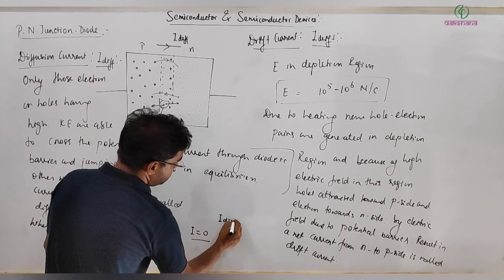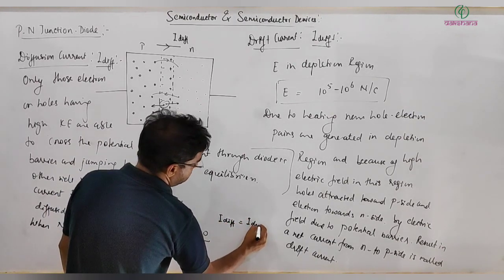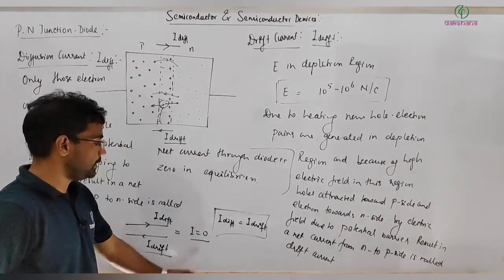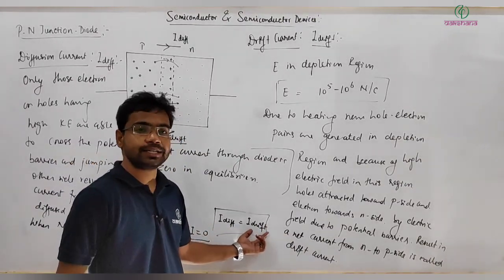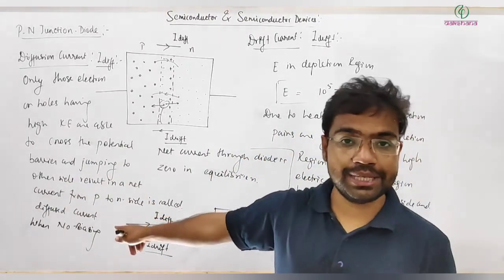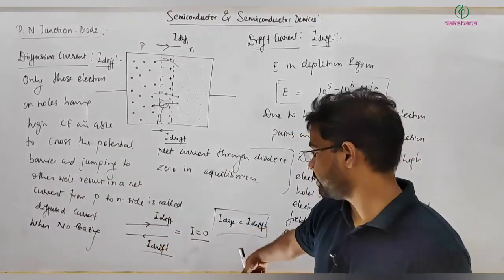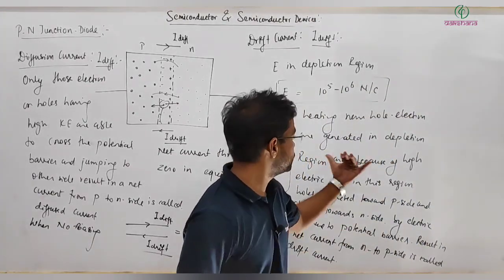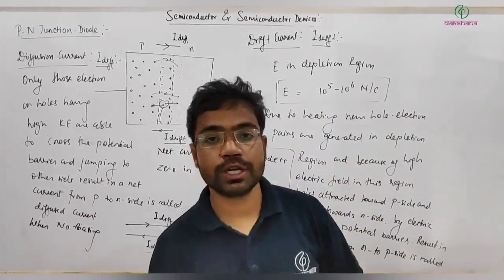I diffusion equals I drift. Even if we increase the temperature, both will increase. So at all temperatures, when no battery is connected, diffusion and drift current both remain equal. I hope you understand what diffusion current and drift current are.